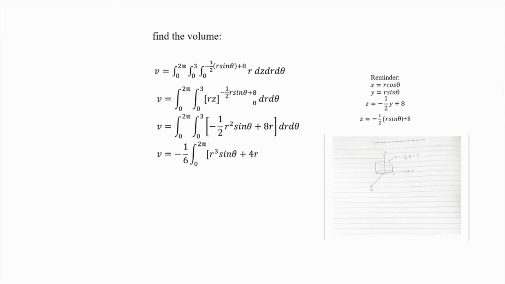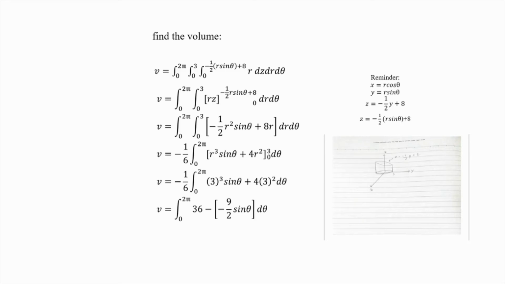So now we put in what we have left. We have r dz dr d theta, and we integrate starting from r dz. We get rz evaluated from 0 to negative half r sin theta plus 8. Then we still have dr d theta, so we put the limits of integration into the equation. We get negative half r squared sin theta plus 8r dr d theta.